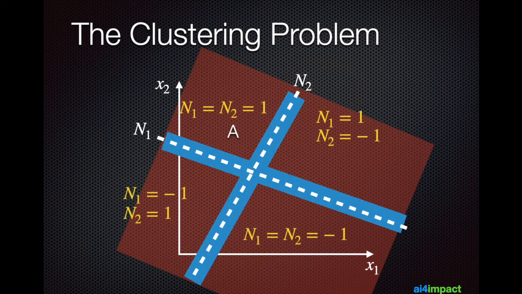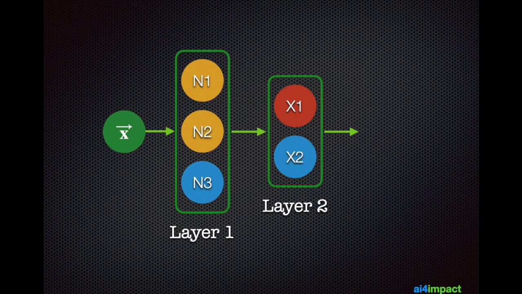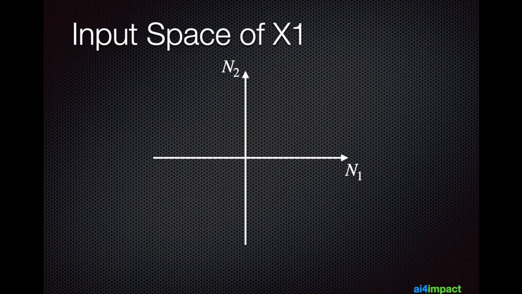We'll call the first regions A, B, C, and D. So again, we're going to just focus on neuron X1 and ignore the effects of N3. So the inputs into X1 are just the neurons N1's output and N2's output. So the input space of X1 consists of just the outputs of N1 and the output of N2.